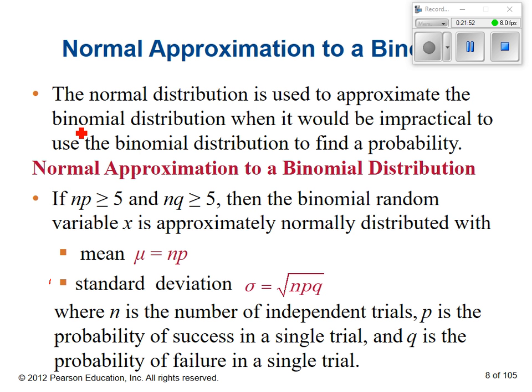Normal distribution is used to approximate binomial distribution when it would be impractical to use the binomial distribution to find the probability. Remember back in chapter 4 when we had the binomials and we learned to use the CDF instead of saying, all right, we want from 100 down, and then you'd have to do the thing 100 times.